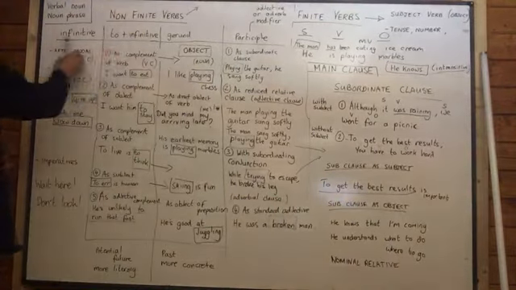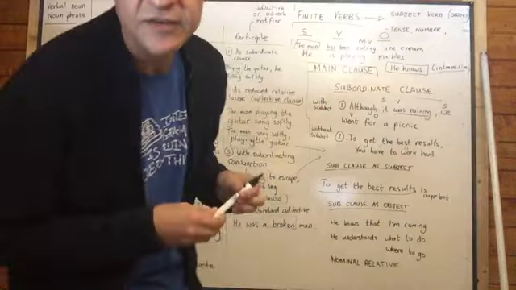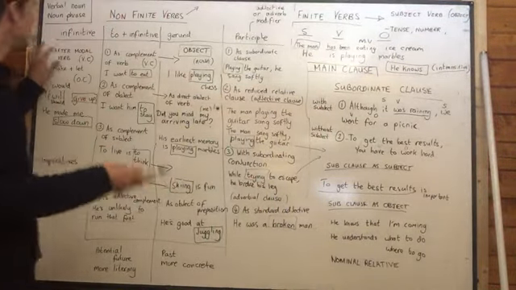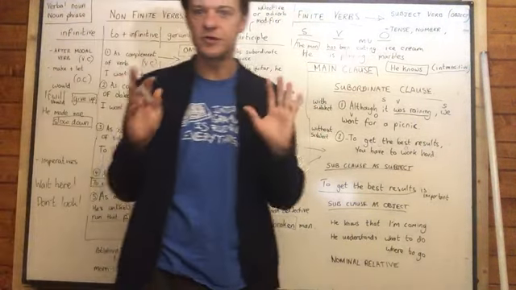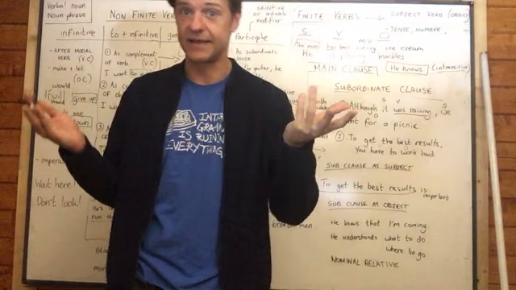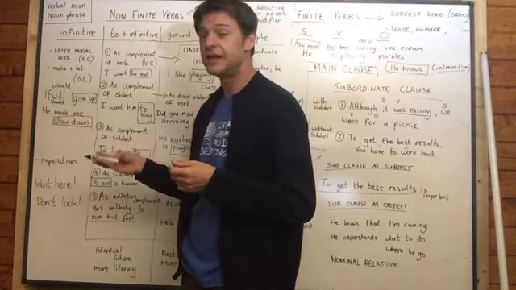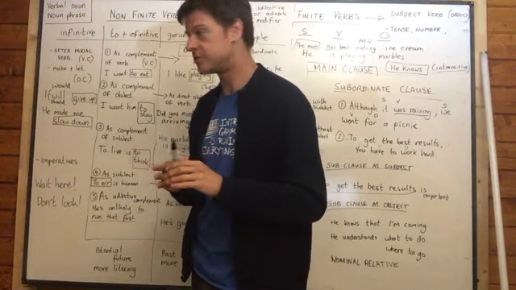Now, the non-finite verbs could be split up into at least 4 categories. We could have an infinitive without to, which is very often called the bare infinitive, the naked infinitive if you prefer, but the bare infinitive is what they usually say. And an infinitive without to we use in certain situations.